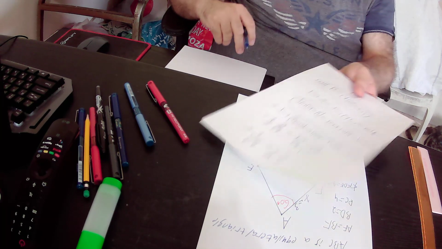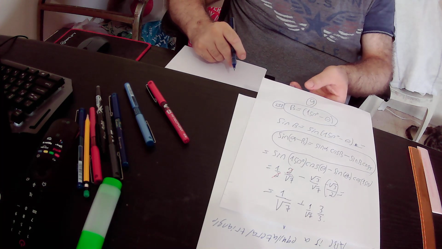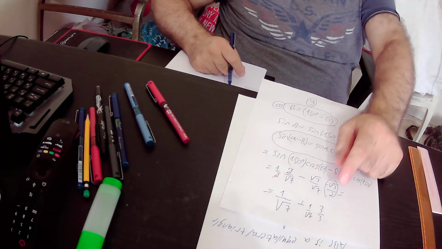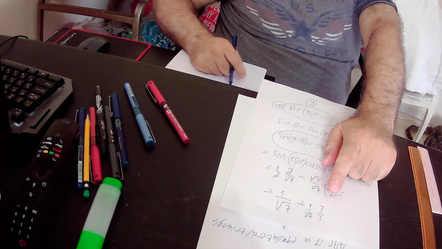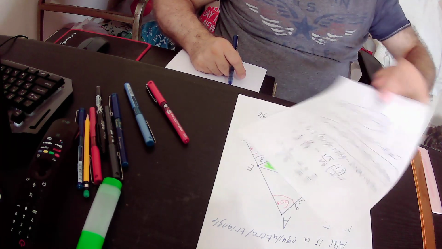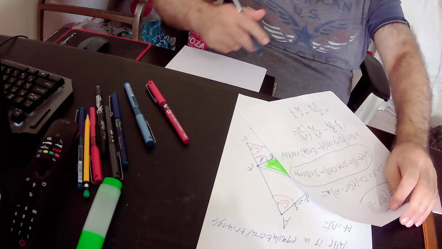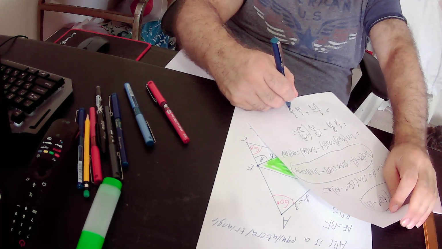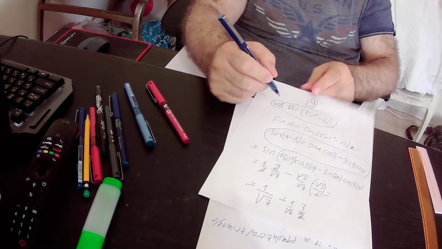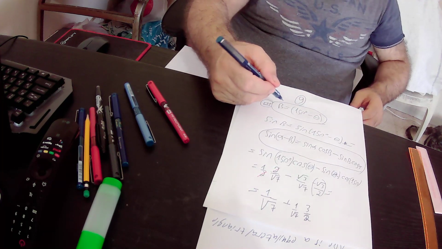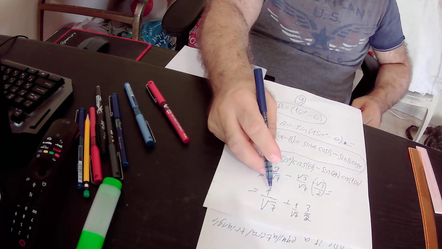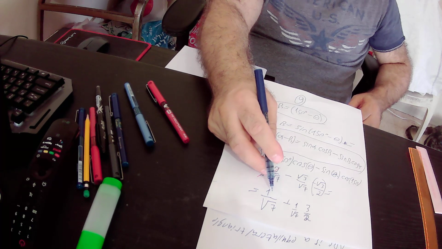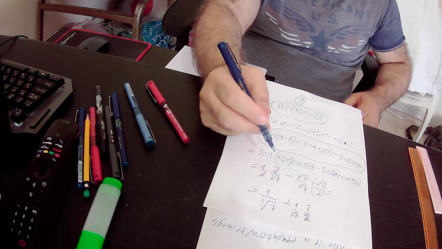so in total we got that 1/√7 plus 3/(2√7). Here we can take out 1/√7 as a common factor.